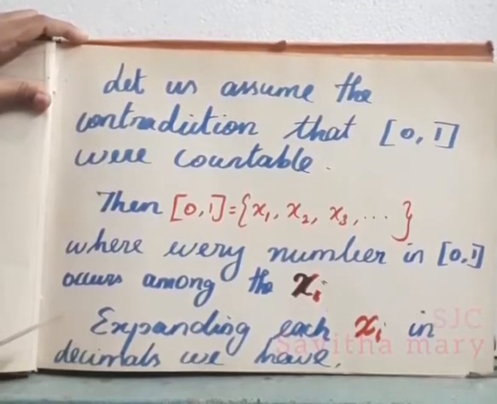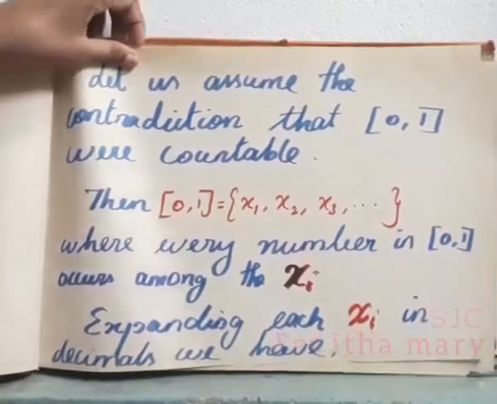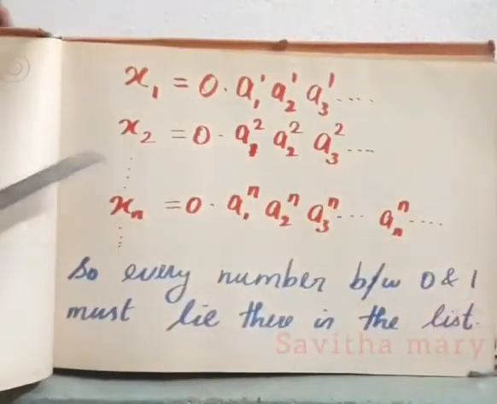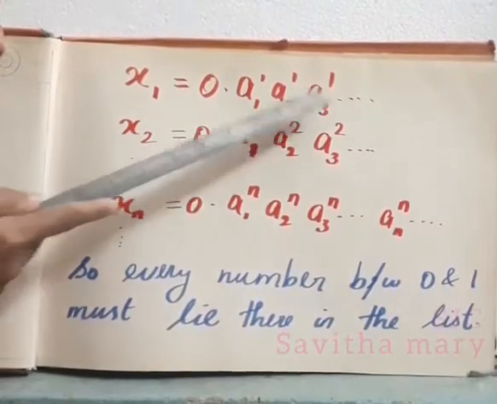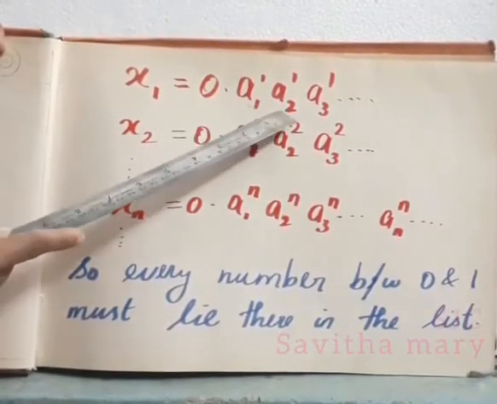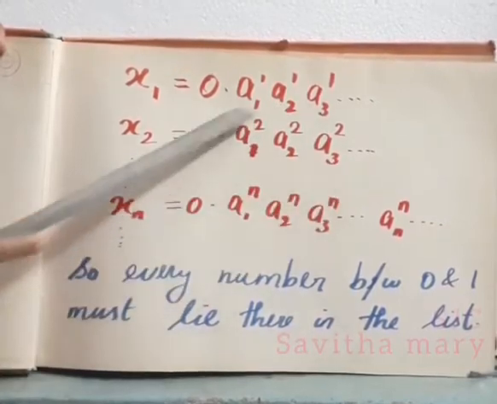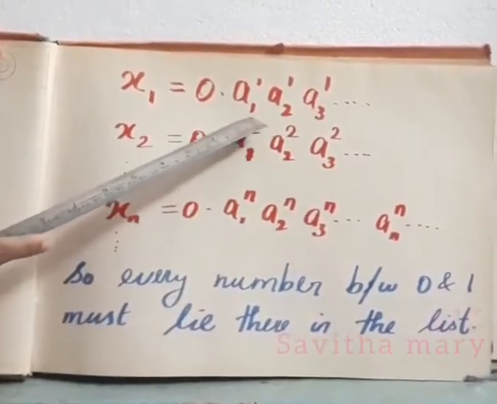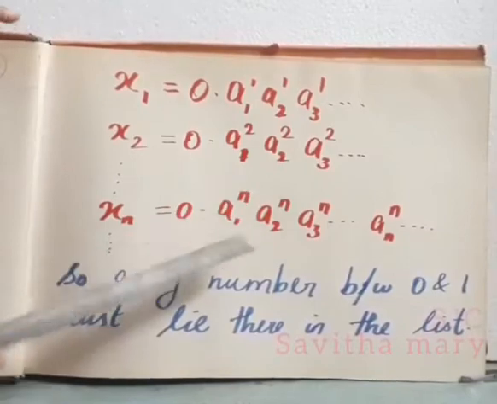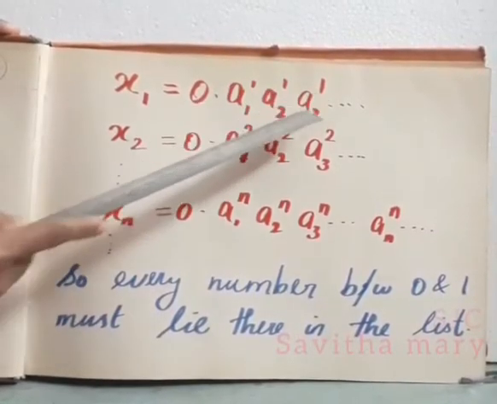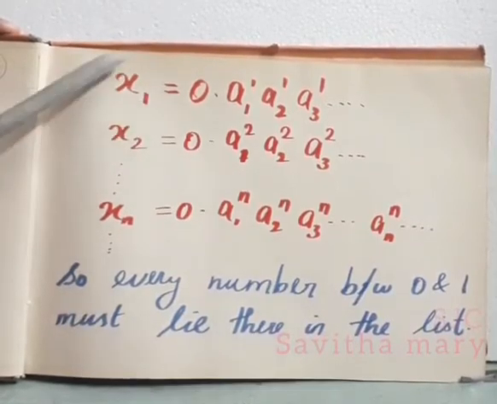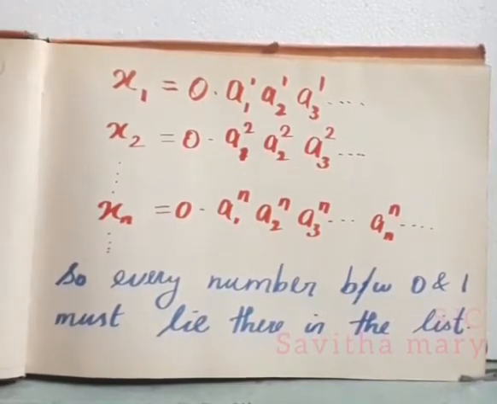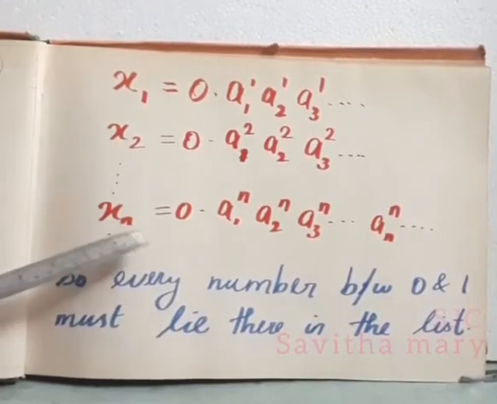Expanding each xi in decimal expansion, we have an array like this: x1 equals 0.a11, a12, a13 and so on, where a1, a2, a3 are digits, and the superscripts 1, 2 and n denote the order of the element: the first element, the second element and the nth element.